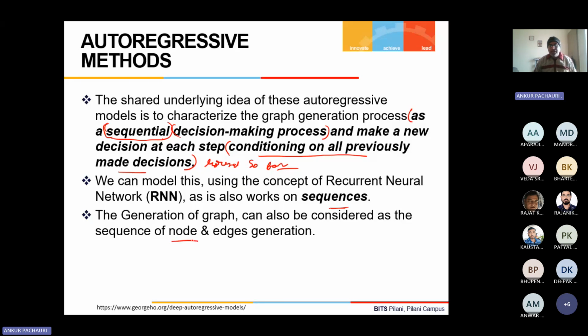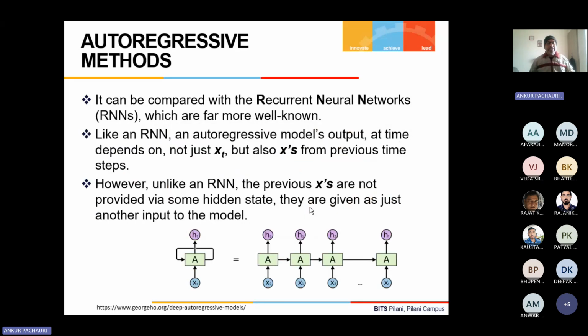First add a new node, then add a bunch of edges, then add a new node, then add a bunch of edges, and so on. That is again some kind of sequential decision, so the recurrent neural network RNN can be used for this purpose.